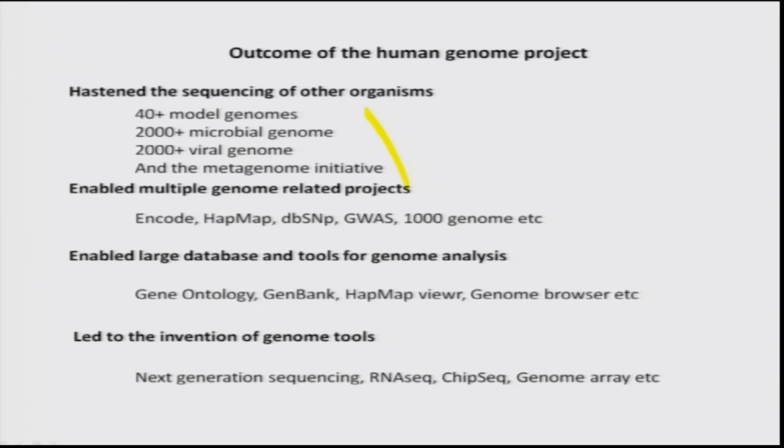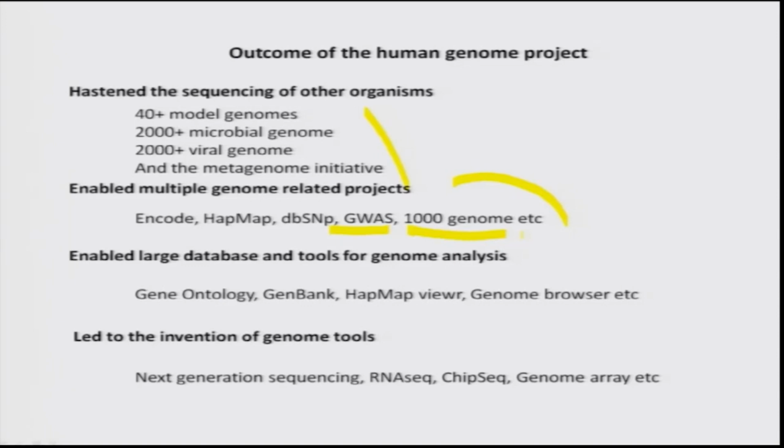This helps us understand the relations, the conservation and the gene functions, and enabled multiple genome related projects, for example ENCODE, HapMap, the human genome variation projects, and genome-wide association studies to identify genetic risk factors and understand the genome diversity across human populations.